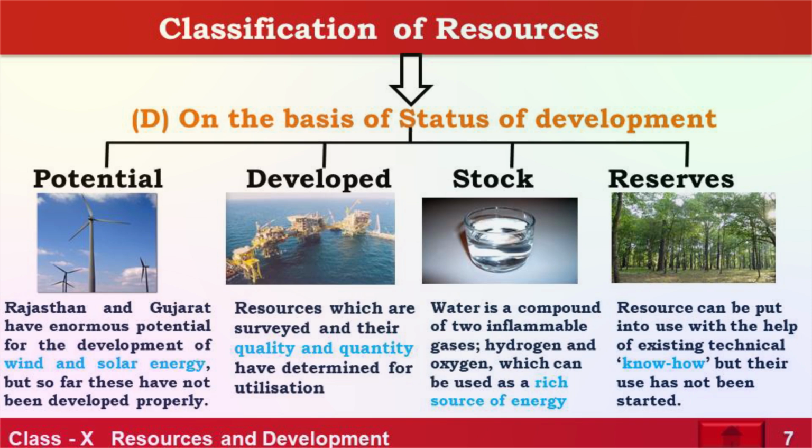Third we have here is stock. This is the example of a resource which we are not aware how to use. Here the example is very interesting. They have given the example of 3/4 of the water, ocean water on this earth, which is not being utilized because that is saline water.